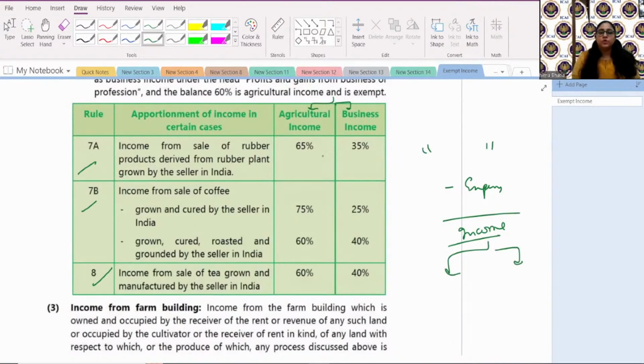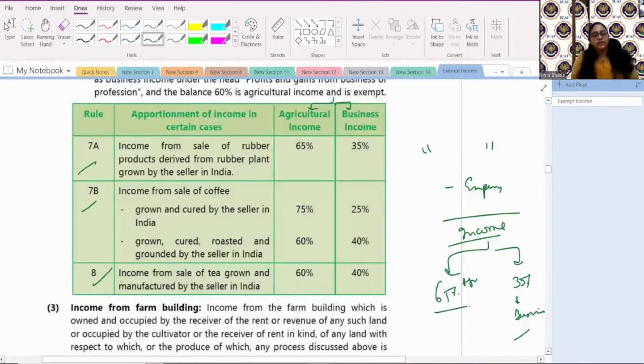So suppose we're talking about rubber, 65% would be agricultural income, the remaining would be business income. That would be taxed as business income, and 65% would be exempt. Similarly for coffee, this will happen. Similarly for sale of tea, this will happen. Now, always remember, the higher percentage is for the agriculture part. The lower percentage is for the business part.